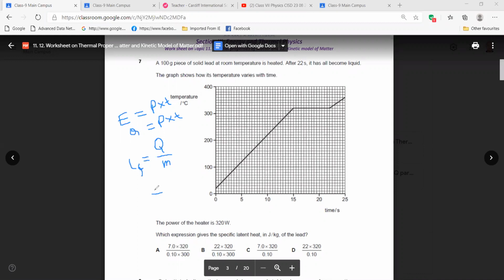Now in place of Q, you can write P times t. Faiza, you should write it, MCQ 7. I am writing, and you should write on the paper too, otherwise you will forget again.